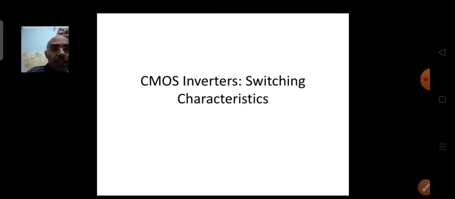So the static characteristics, which we talked about in the last class, were important to find the threshold voltage and the noise margin. To find the noise margin, we determined VIL and VIH.